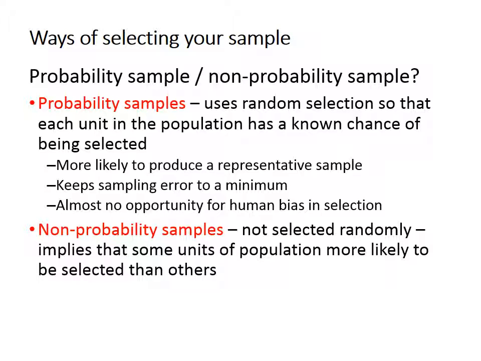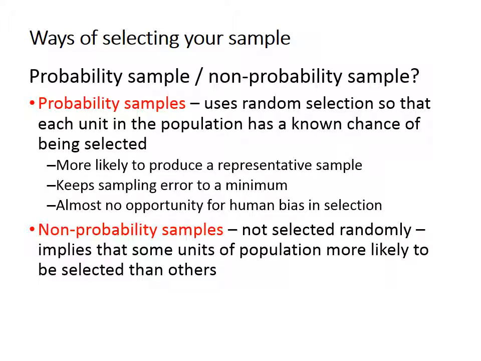Non-probability sampling, individuals are not selected randomly. They will be selected because of some characteristic. They are defined in some way. So for example, they may all be teachers. They may be head teachers. They may be year 7 boys, year 9 girls.